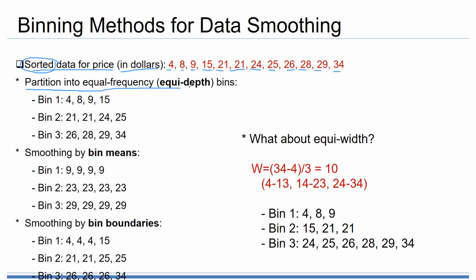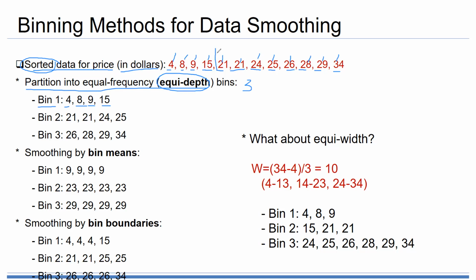In order to partition the data with equal frequency or equidepth, let's say we have 3 bins. We have 1, 2, 3, 4, 5, 6, 7, 8, 9, 10, 11, 12, so we have 12 data.